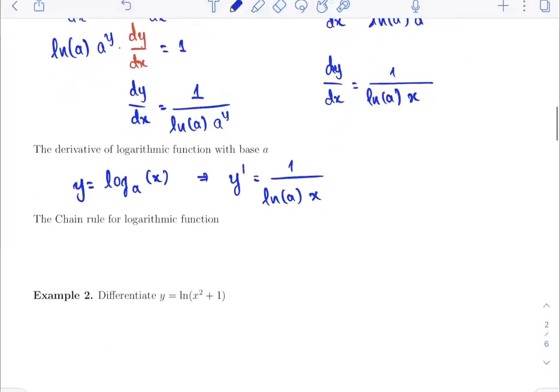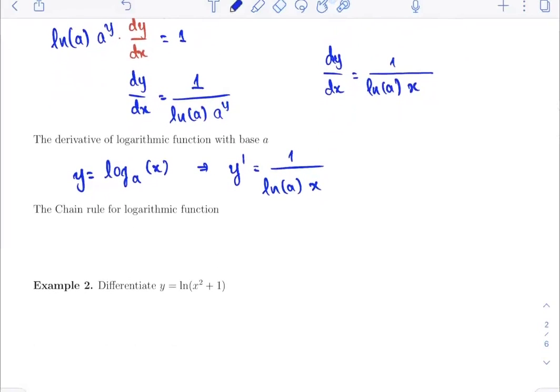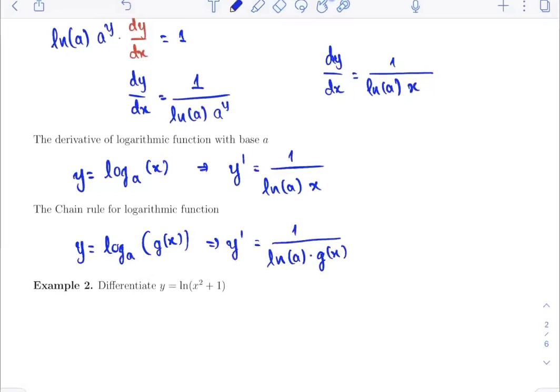In case of more complicated functions, instead of x as the inside part, we have a more complicated inside function. So if we have y equal to log base a of some function g of x, then the derivative is y prime equal to 1 over ln of a, because of base a, right, times g of x, which is the inside part.